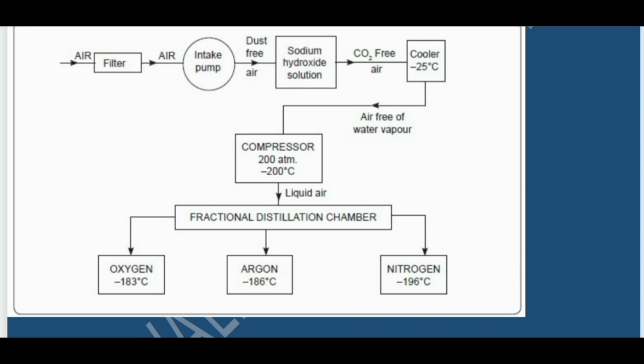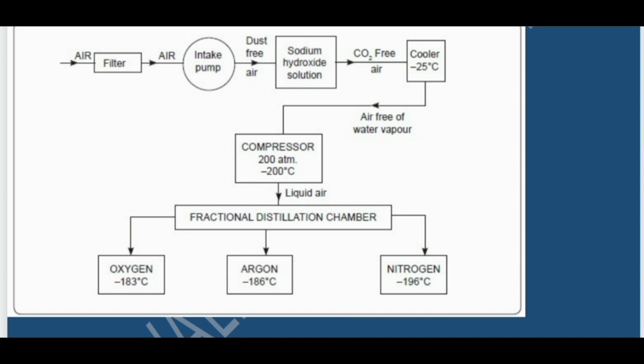Inside the fractional distillation chamber, different fractions or portions of air begin to come out at different temperatures. The first one being nitrogen that comes out at negative 196 degrees as the first portion.